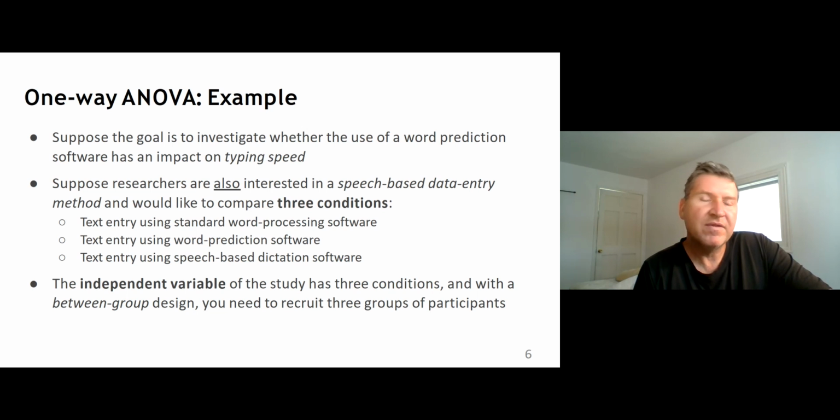So you're going to find that we'll have three different means to evaluate. That's more than what the t-test can handle. Now, it may make sense initially to think I can just compare the baseline, which is the word processing software, to the word prediction software, and then I can make another comparison between the word processing software and the speech-based dictation software.